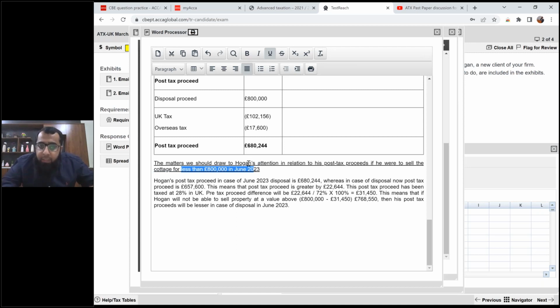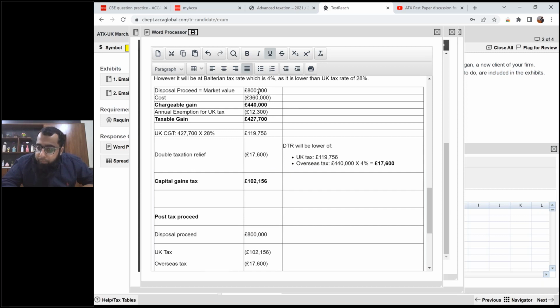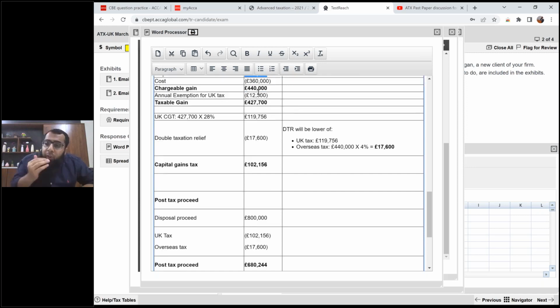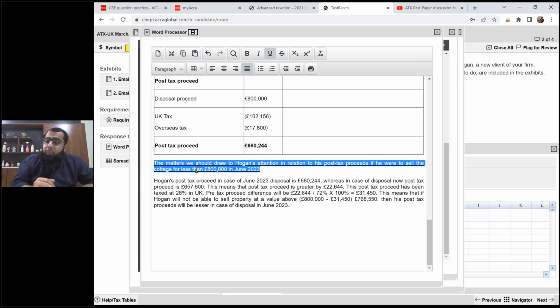See what he's asking. The matters we should draw to Hogan's attention in relation to his post-tax proceed if he were to sell the cottage for less than 800,000. We made this calculation at 800,000 pounds. But what if he sells it at less than 800,000 pounds?